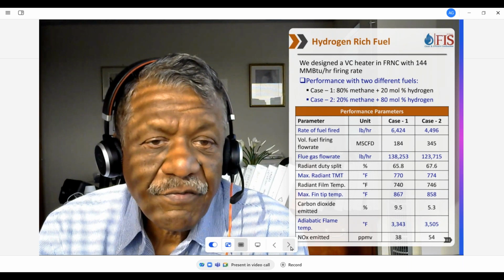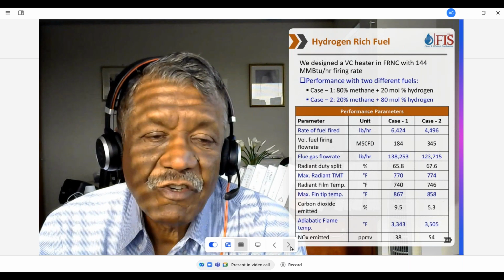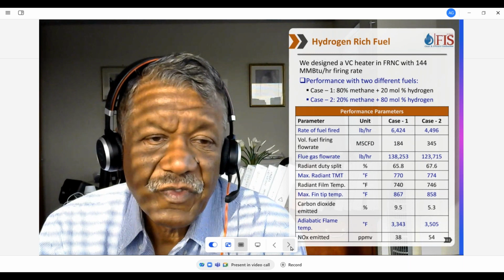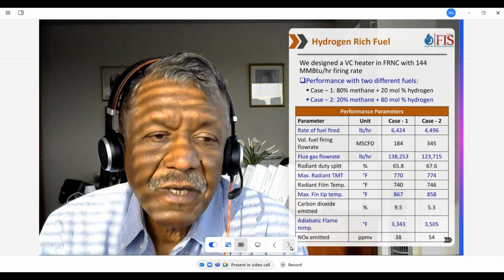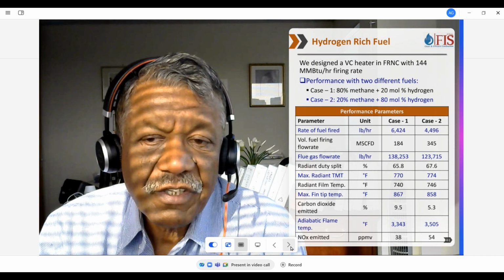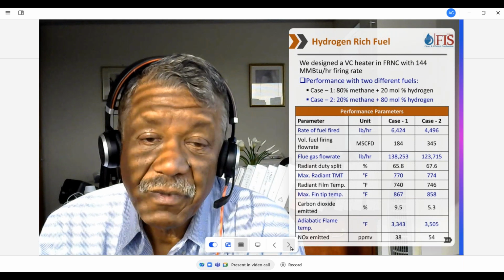Volumetric fuel firing flow rate goes up. So what it means is the pipes will have to be much larger. The fuel gas pipes and the burner nozzles will have to be changed because now we are passing almost double the fuel, or maybe even higher.